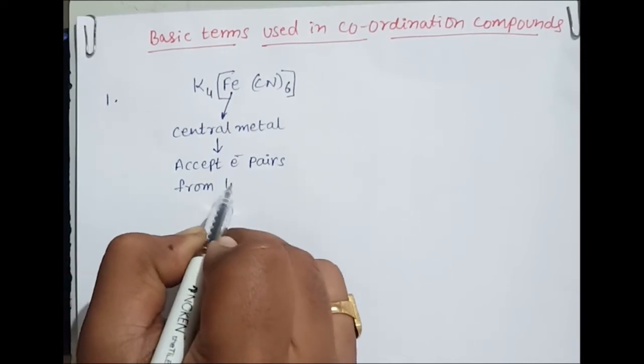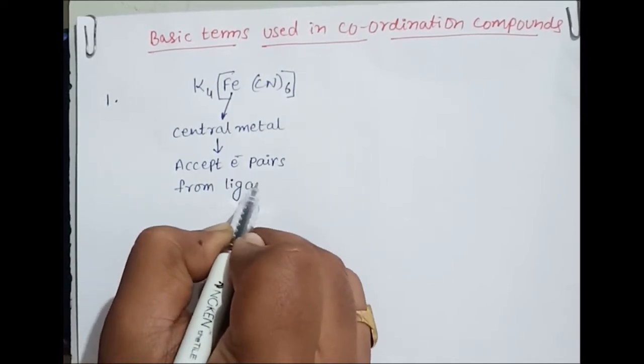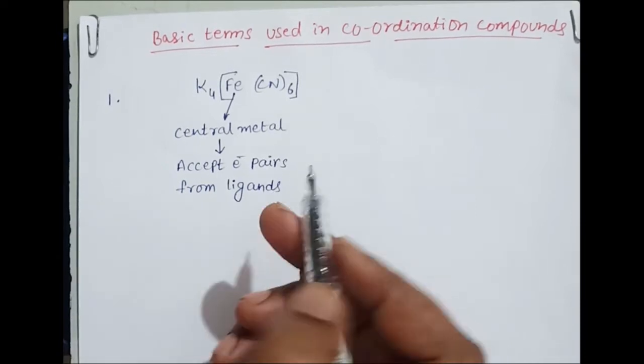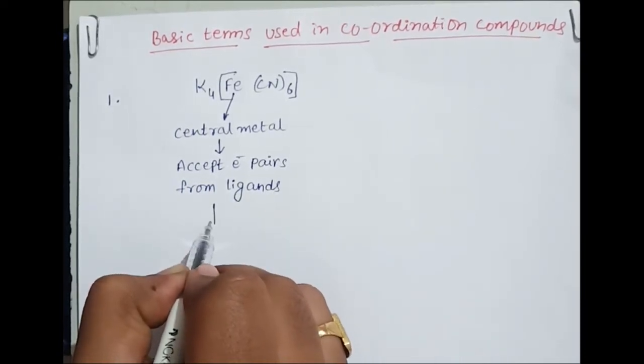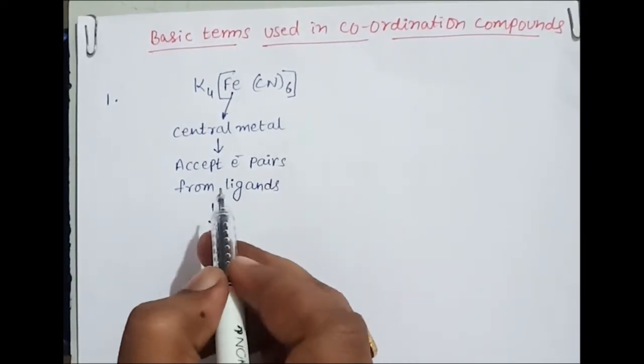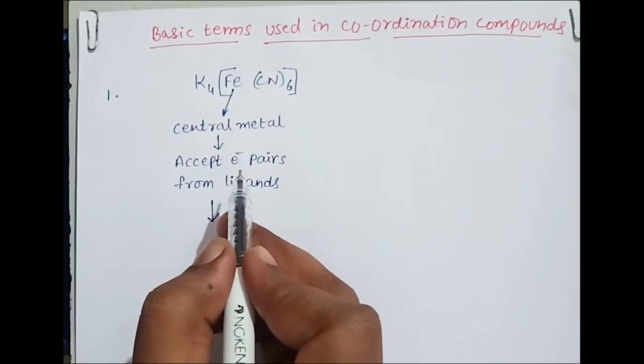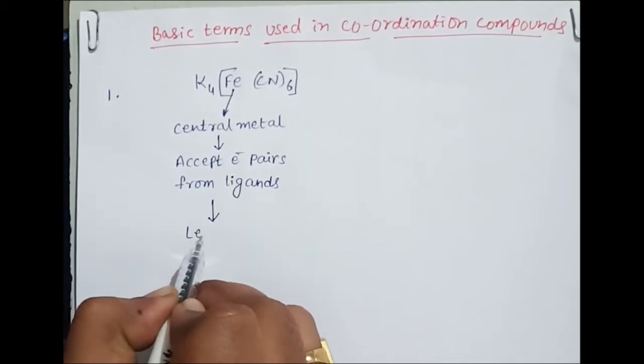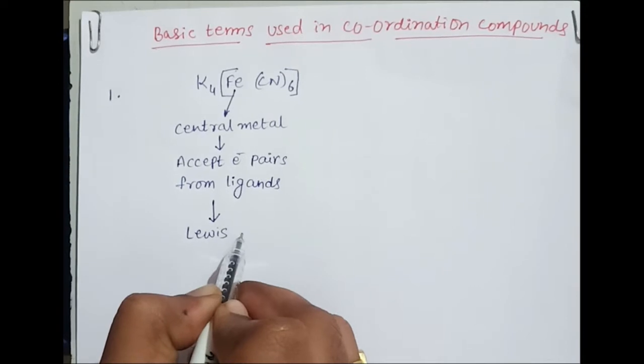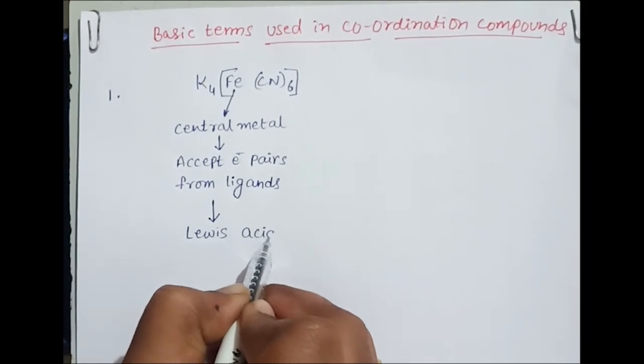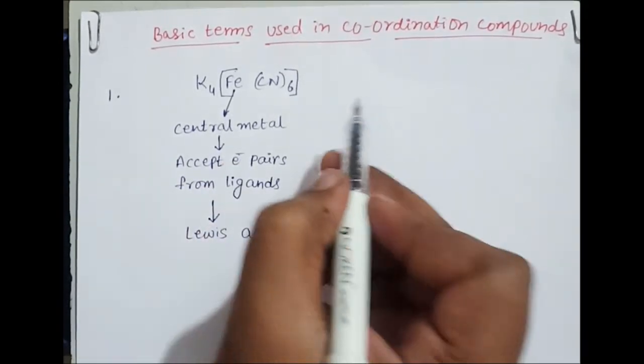Those neighboring groups are called ligands. Any species which accepts an electron pair, as we learned in lower classes, is called a Lewis acid. So the central metal acts as a Lewis acid.